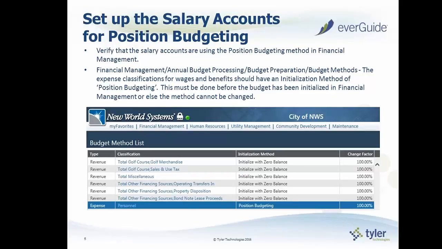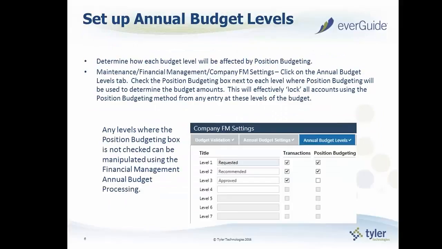The next item to set up and make sure is in place is your approval levels. We allow up to 7 levels of approval. It depends on which employees are entering this information into position budgeting.